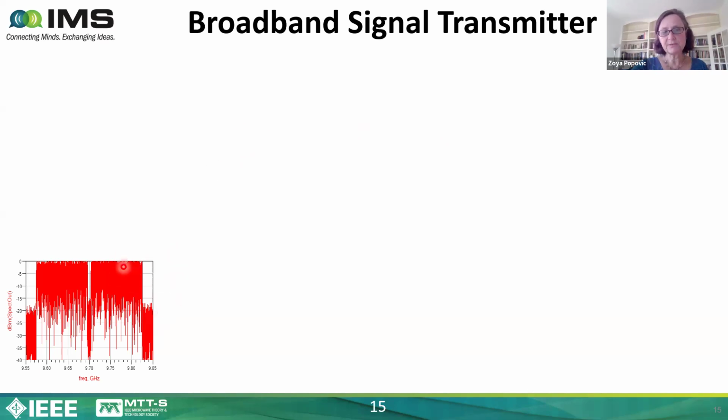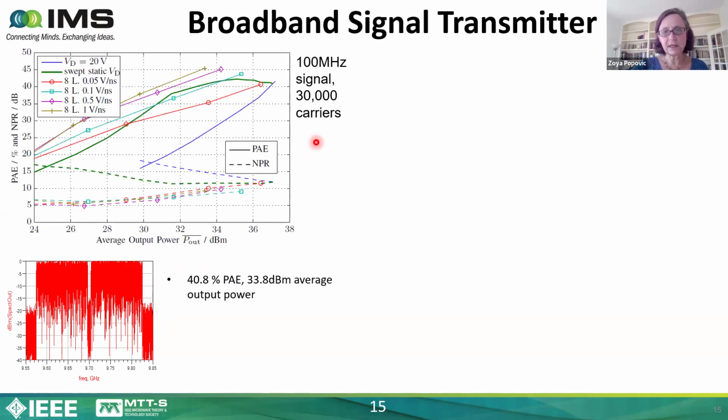The signal bandwidth is for an example of a 100 megahertz, 30,000 carrier satellite signal. And we have 40.8% power added efficiency on average with this amount of average power when we track. This investigates different types of 8-level tracking with different slew rates. That's a detail.